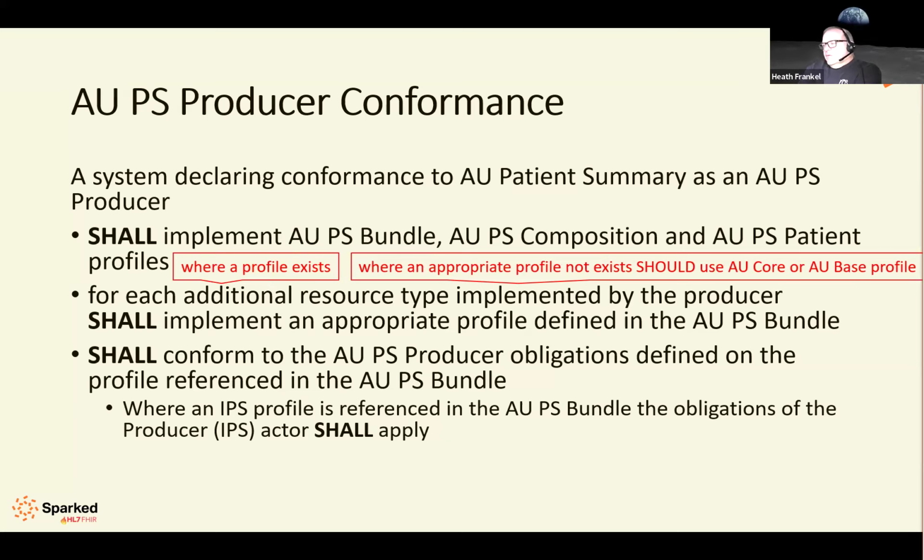So if I'm understanding your question, you're asking, if I'm implementing AUPS, I need to work on AU Core first. Well, effectively, you need to do both, yes. Right. So if you've implemented IPS, you're not AUPS compliant because you're potentially not AU Core compliant.